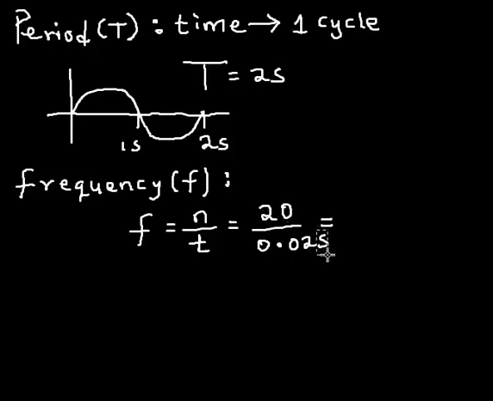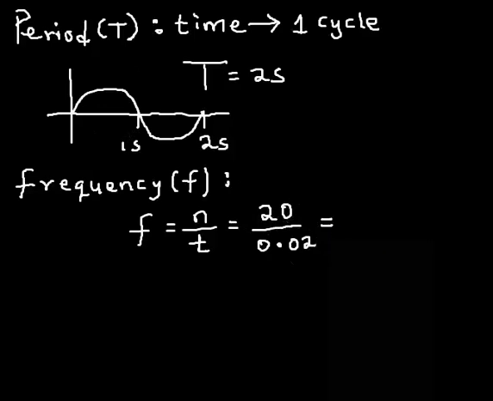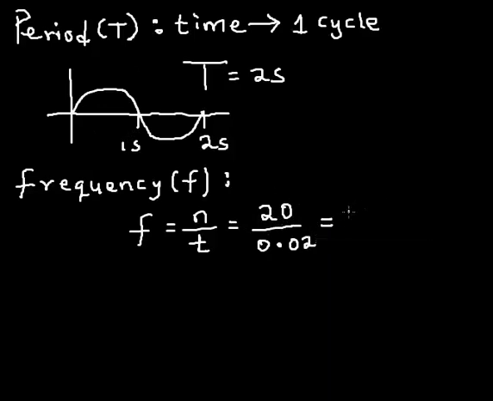So 20 divided by 0.02, what do we have? That should be 1000, if I'm not mistaken, or you can confirm that.